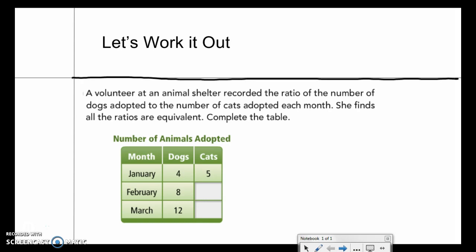So, essentially we have 4 dogs for every 5 cats that are adopted, also known as 4 to 5. In February, the number of dogs doubles. We know this because 4 doubled is 8. So what would 5 doubled be? Well, I hope you know by now what 5 doubled would be. That is 10.